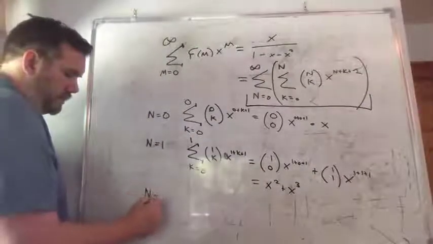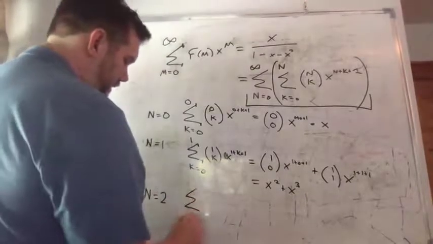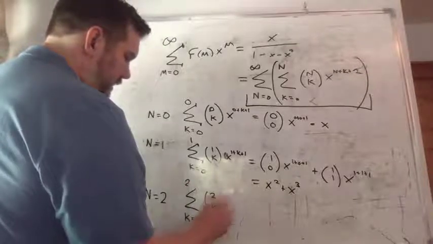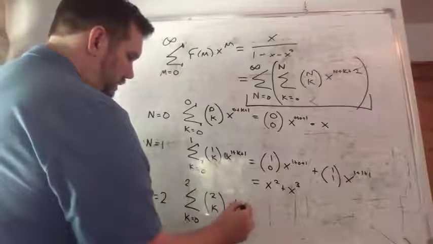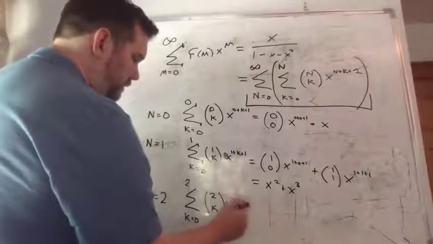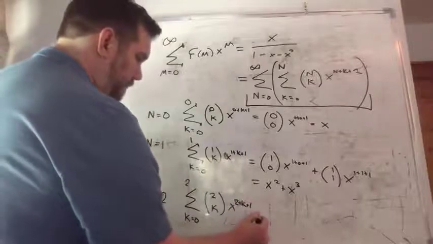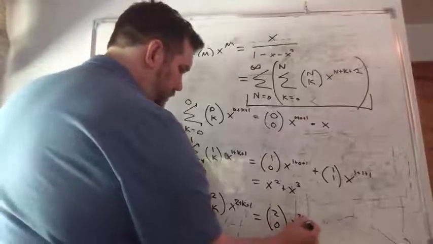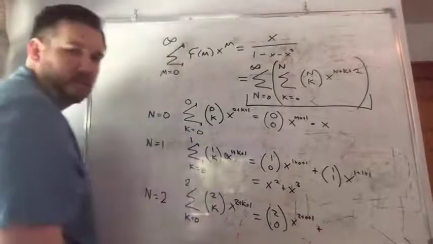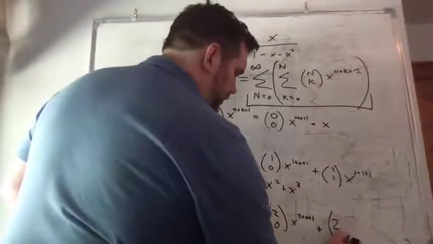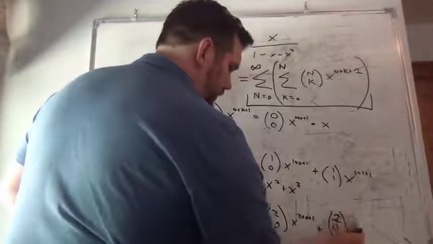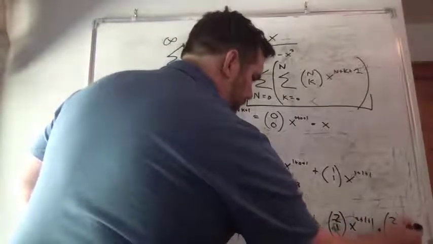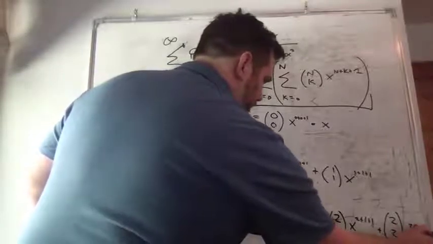And then I'm going to go for n equals 2, and I get the sum from k equals 0 to 2, 2 choose k, x to the 2 plus k plus 1. So I'm going to have 2 choose 0, x to the 2 plus 0 plus 1, plus 2 choose 1, x to the 2 plus 1 plus 1, plus 2 choose 2, x to the 2 plus 2 plus 1.